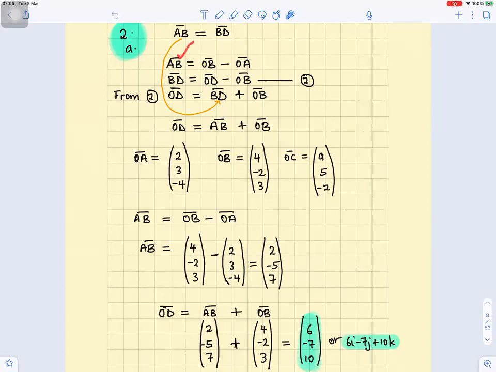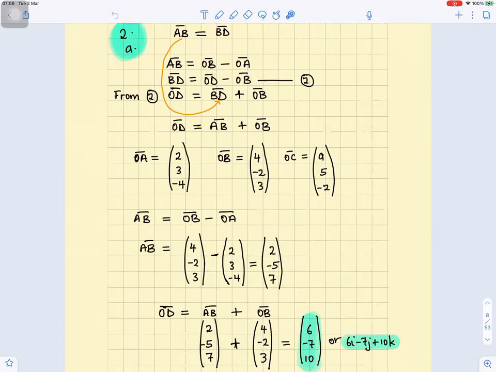But AB is OB minus OA. Remember, it's the second letter minus the first letter. So to go from A to B, you get OB minus OA. To go from B to D, it's OD minus OB.